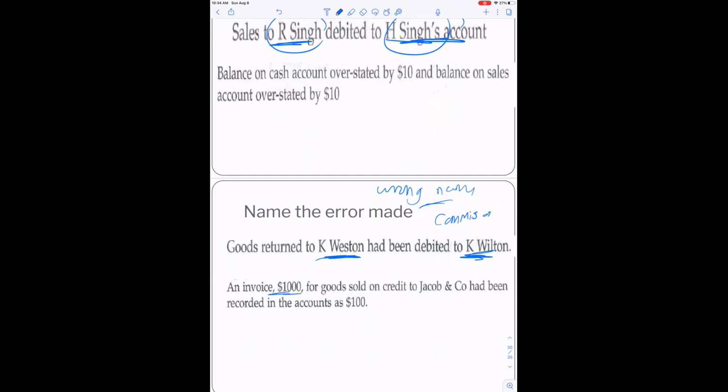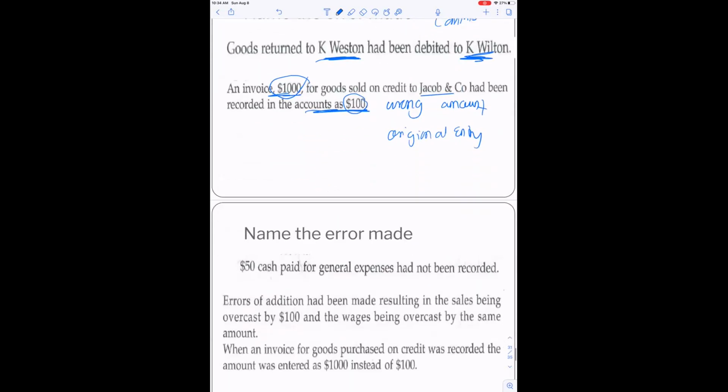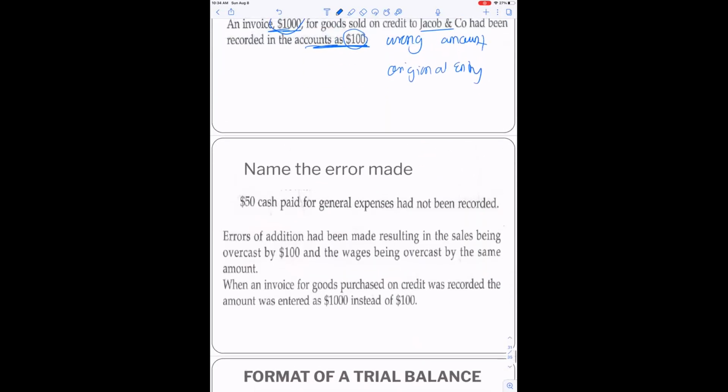Invoice 1000 for goods sold on credit to Jacob, recorded in the account as 100. Wrong amount. Error of original entry. Cash paid $50 for general expenses not been recorded. You forgot to record. Error of omission.